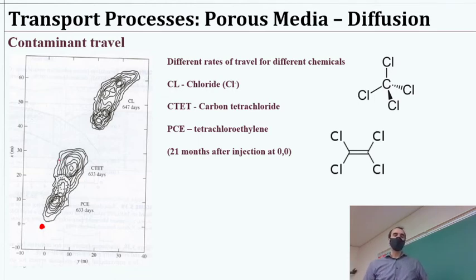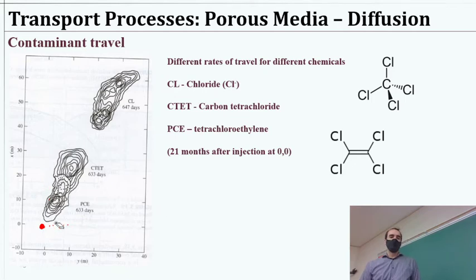And this is probably captured using a series of wells in a lot of different places. So the axes are meters, so they probably have monitoring wells in some type of a grid form to estimate the concentrations in these plumes.